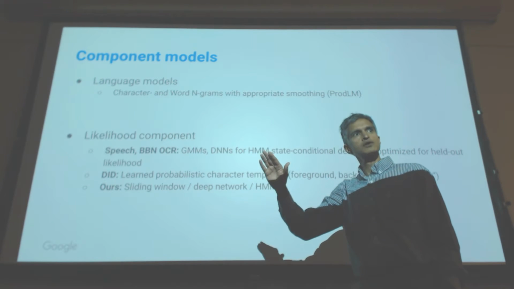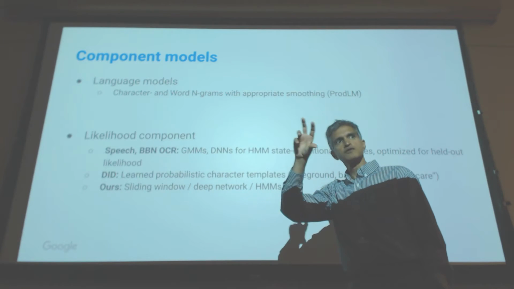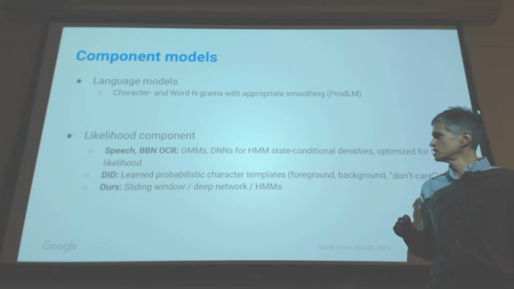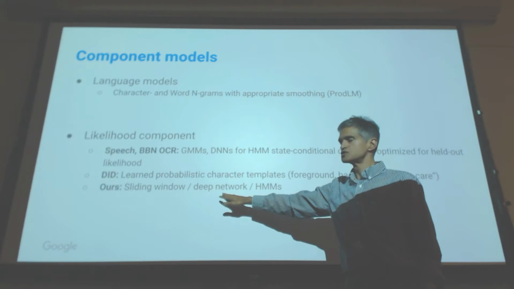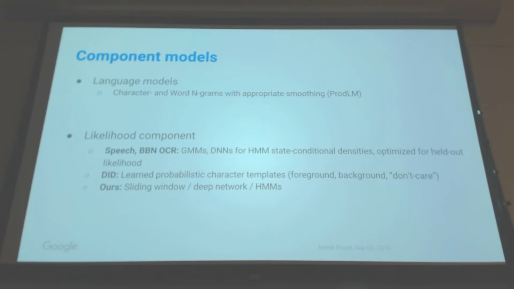We don't necessarily look at spectral characteristics. We use sliding windows of the pixels themselves, or some sort of dimensionality reduction as a first step. But lately we've been just using deep neural networks to learn the features, and we still retain the idea of using HMMs.